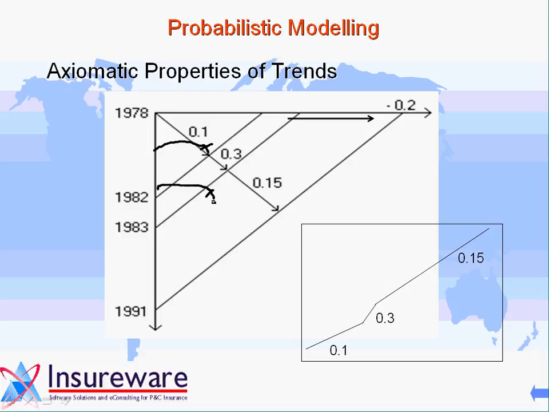Because you've got to exponentiate all the numbers and add them. The relationship is extremely complicated. Yet on a log scale, the incrementals are related. 10%, 30%, 15%. Do you remember that first study we did when we only had one accident year? We had 30, 30, 30, 30, minus 20, minus 20. Well, it's the same kind of relationship.